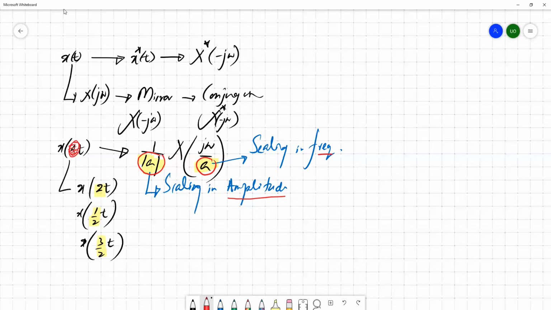So this a introduces a kind of expansion or compression, and this a introduces a kind of magnification, or a kind of gain or loss.